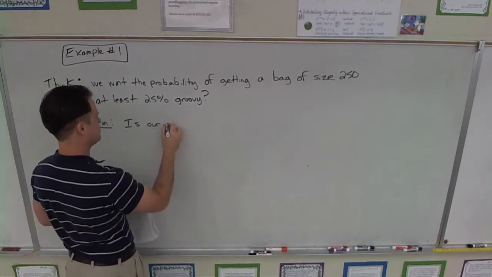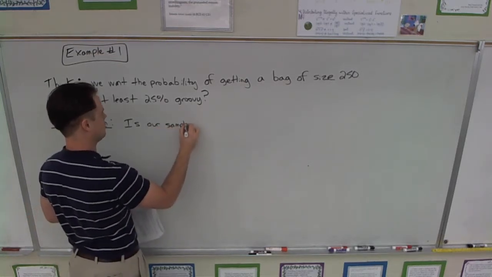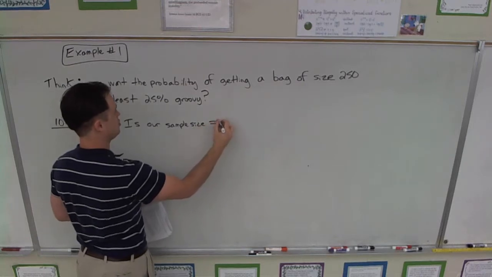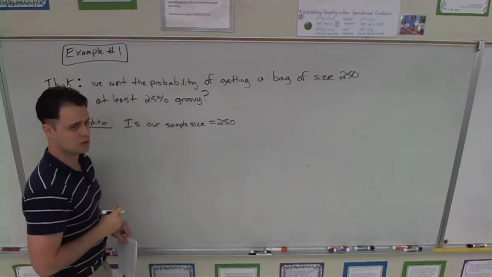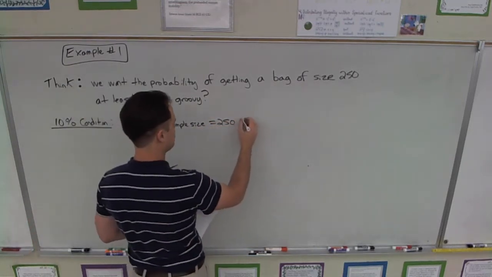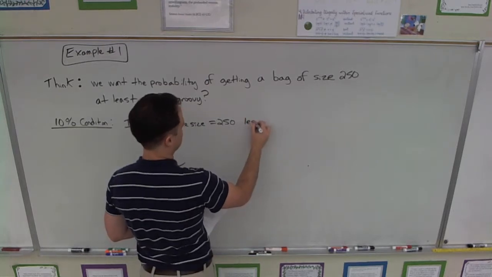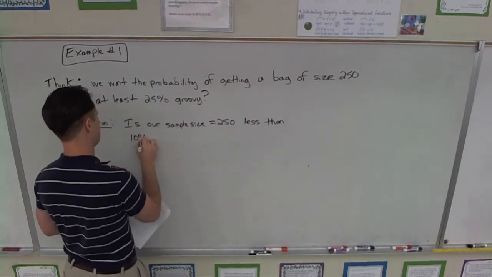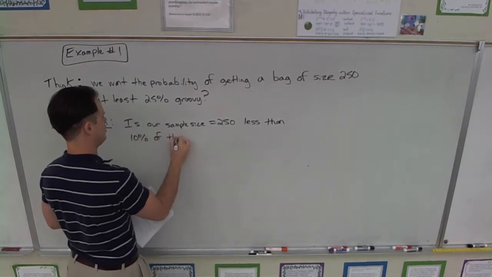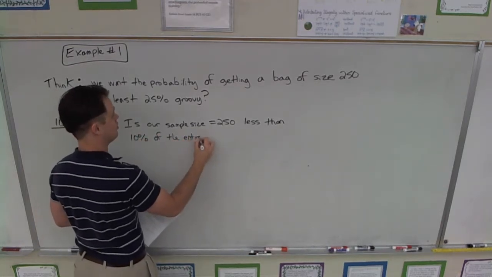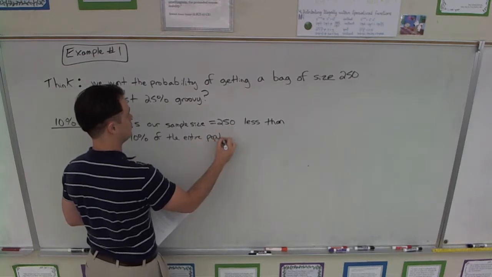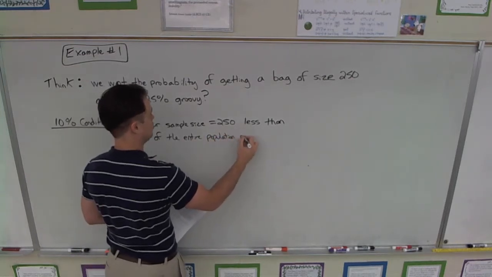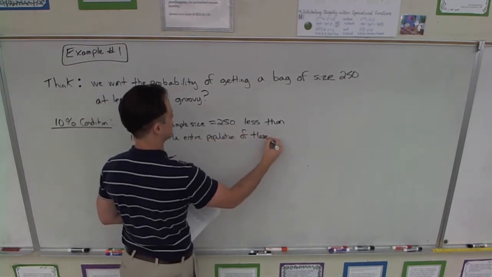Is our sample size, which is equal to 250, so n is 250, less than, you can say this all kinds of different ways, less than 10% of the entire population of these kinds of M&Ms.